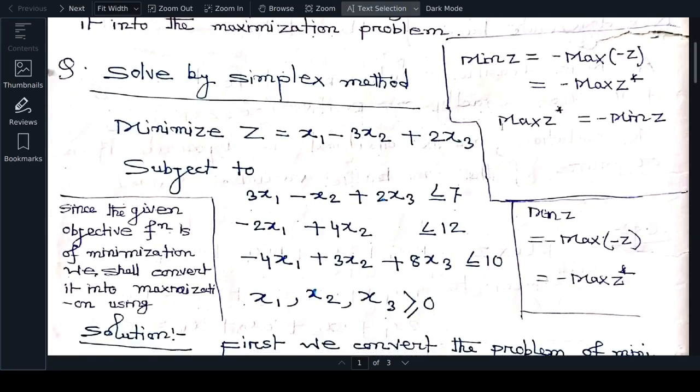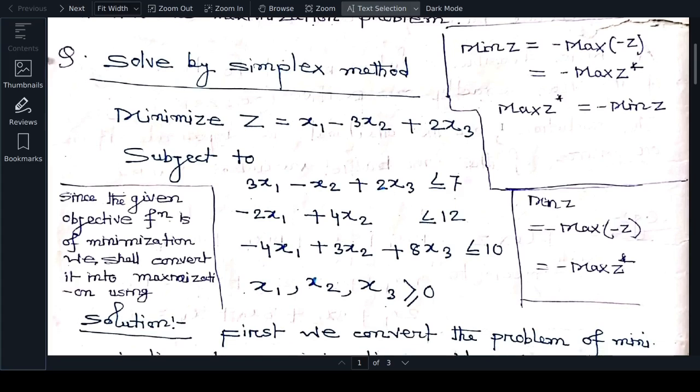All of you see the question: solve by the simplex method. Minimize z equal to x1 minus 3x2 plus 2x3, subject to 3x1 minus x2 plus 2x3 less than or equal to 7.